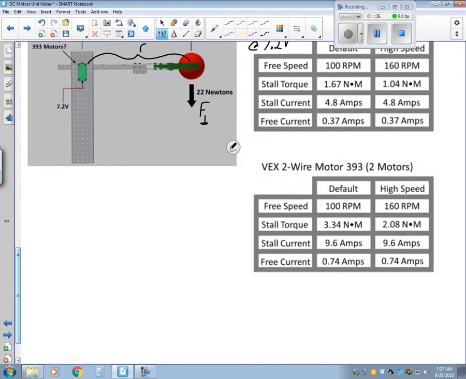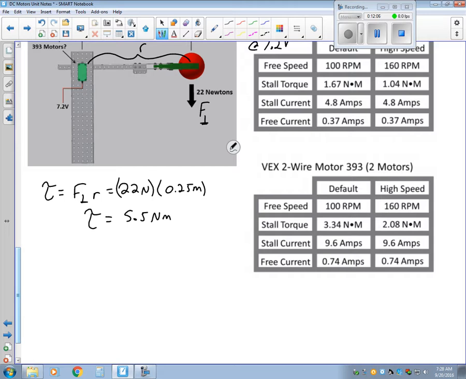To do that, let's calculate how much torque is needed. Torque is a perpendicular lever arm times a force, or a force that's perpendicular to a lever arm. So that's going to be 22 newtons multiplied by 0.25 meters. So the torque I need is 5.5 Newton meters.